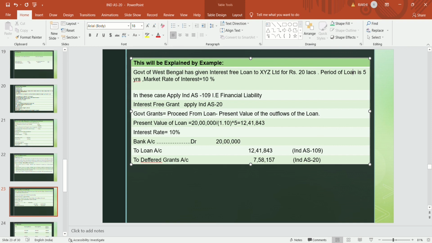So today the present value of that loan is 12 lakhs 41,000.